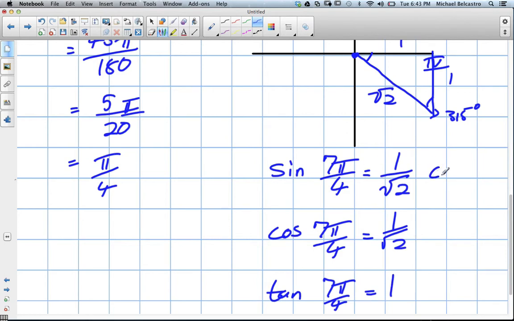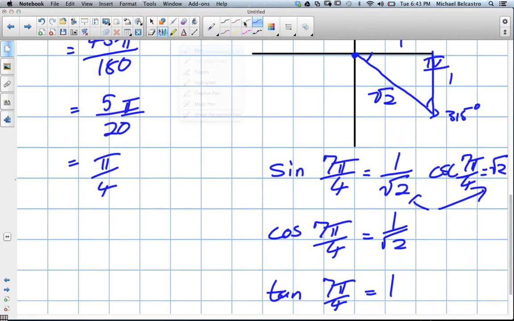Okay, what if I did the others? What if I used cosecant? Cosecant is what in relation to these three? Do you recall? 1 over sine theta. Yeah, that's right. So cosecant of 7 pi over 4. Do you know what that would be equivalent to? Root 2. That's right. How can I find a shortcut to go from this answer to this answer? Reciprocal. Yeah, that's right.